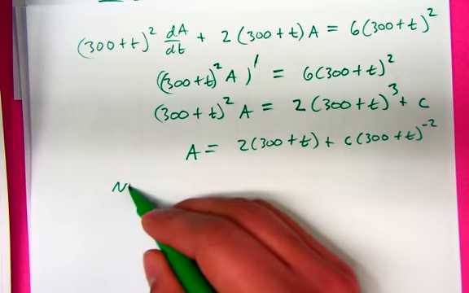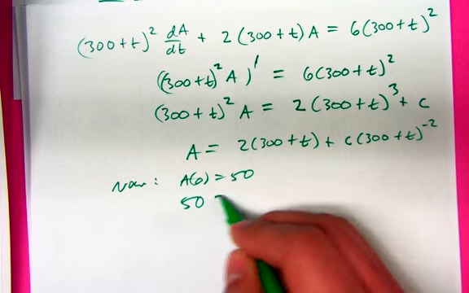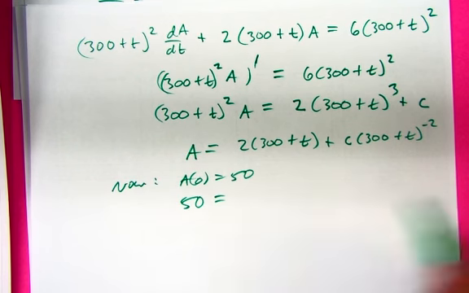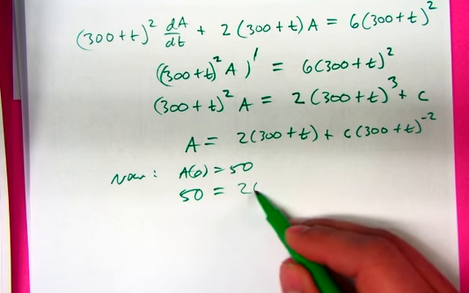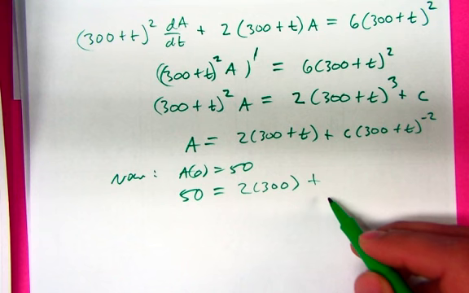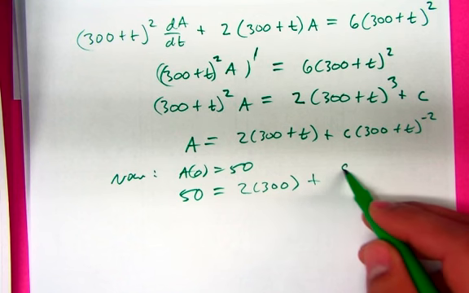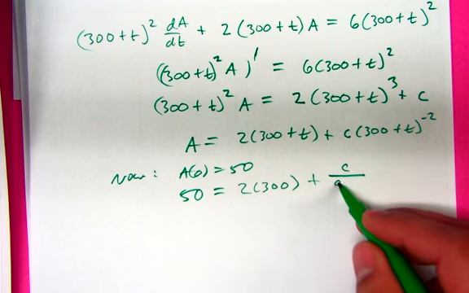And now, we know that A of 0 was 50. So plug in 50 when time equals 0. We get 2 times 300 plus c over 300 squared, 90,000, right?